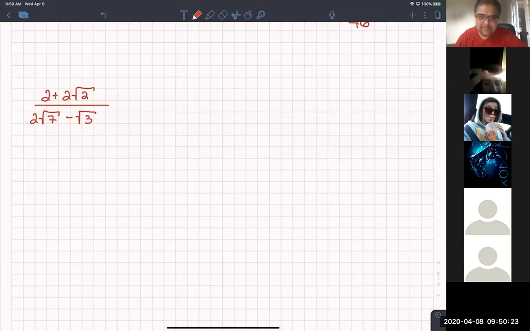You multiply it by what's on the bottom. Okay, well, by everything on the bottom, so 2 root 7 minus root 3? No, we don't multiply it by that. Or plus root 3. Yeah, you do multiply by the conjugate. We multiply by its conjugate.